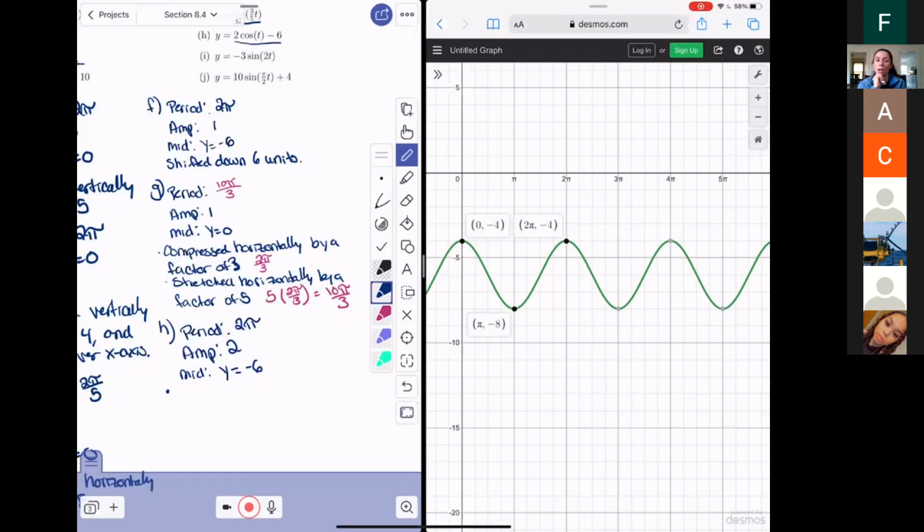So when transformations are happening to the output, we start with the scaling and then we do the shifting. So what are my transformations in the proper order? It's being stretched vertically by a factor of 2 and shifted down 6 units.